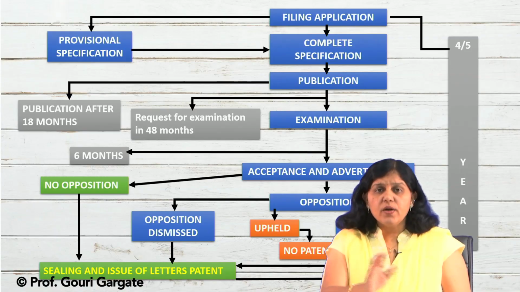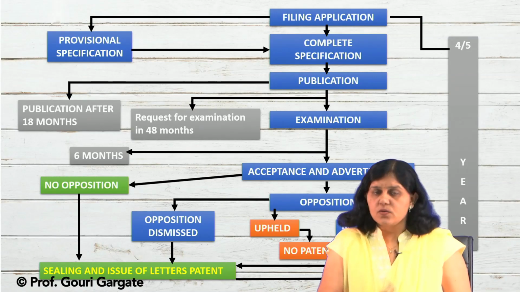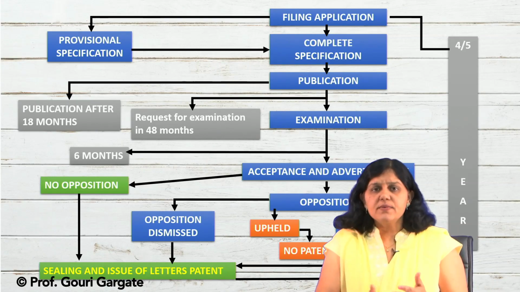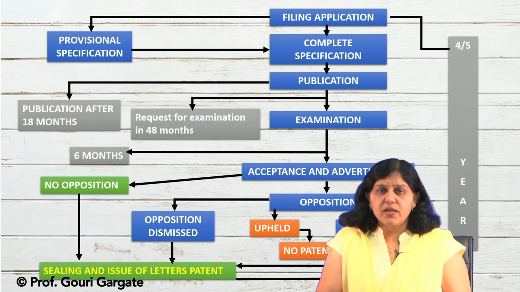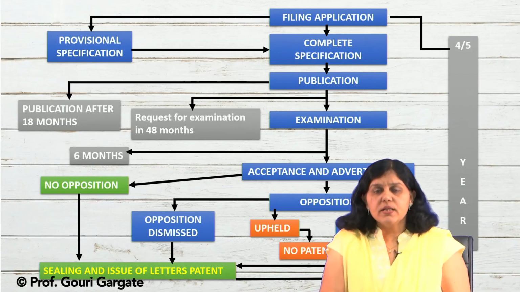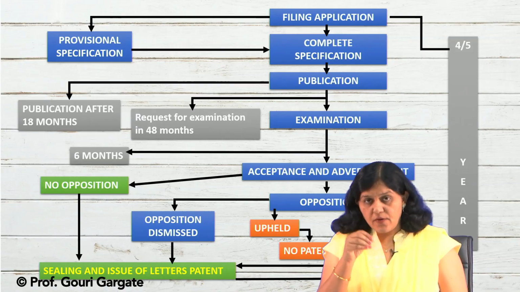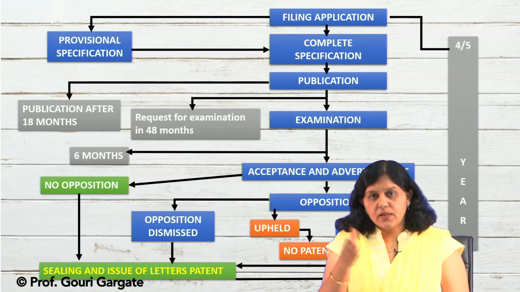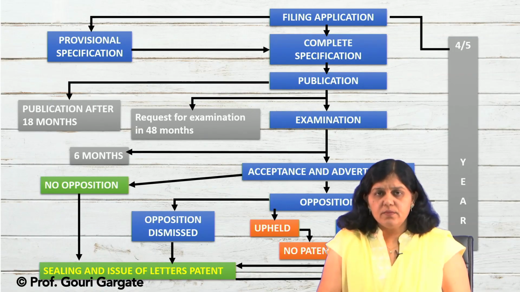There is a possibility that before 18 months somebody is using it. The patent is not in the public domain, and because of that ignorance there is a chance that somebody is copying it. Sometimes they are not aware of the publication and patent, and because of that ignorance they are copying or infringing your invention. So, it is better that you notify them, and if after that notification it is not stopped, then after grant you can execute your right. We will not go into detail, but this is for your information.